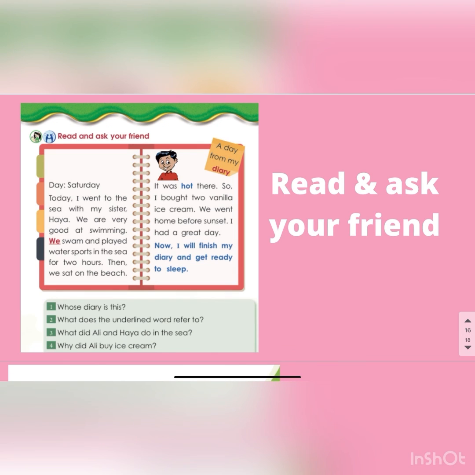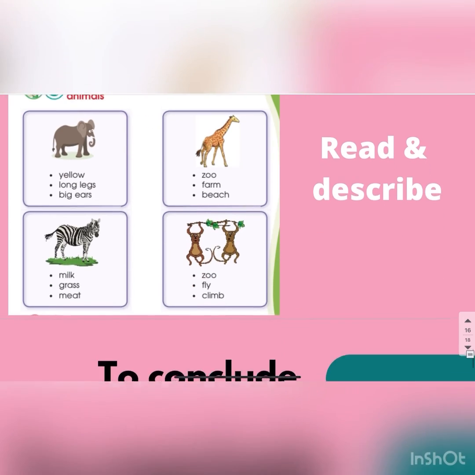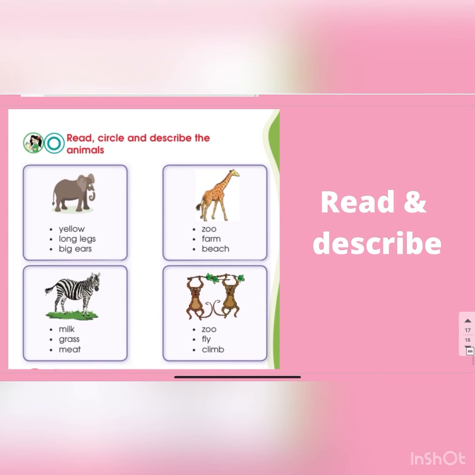Another example of integrating reading and speaking skills is read, circle, and describe the animals. I have here pictures, and under each picture there are some guide words.